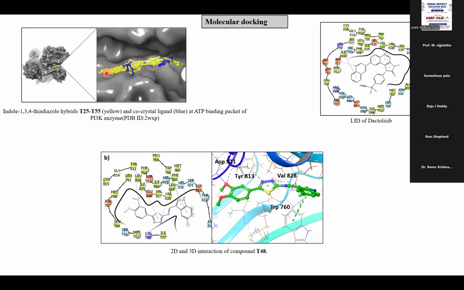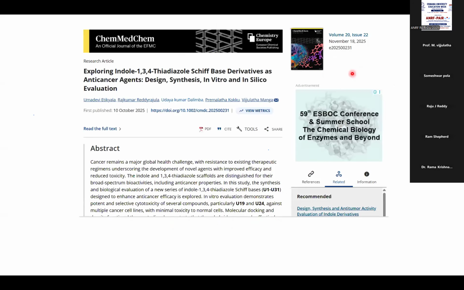And we could see that the alignment of these molecules are better in the active site compared to the other. And when we check the ligand interaction diagram of the existing drug molecule and our molecules, we could see there are maximum interactions which are happening with the active site amino acids compared to the existing drug molecule. And this we have published in ChemMedChem, and all these publications have acknowledged PAIR.